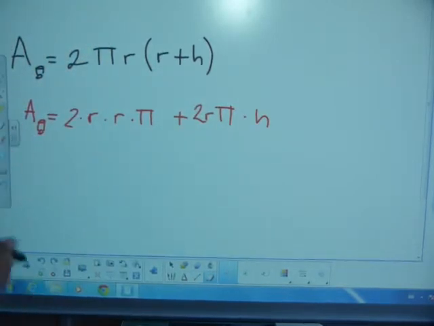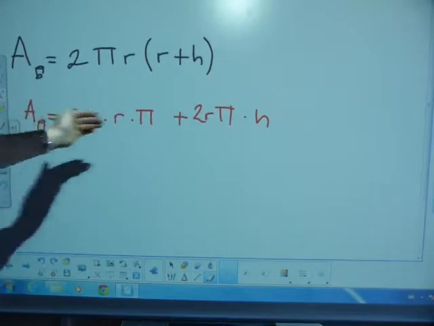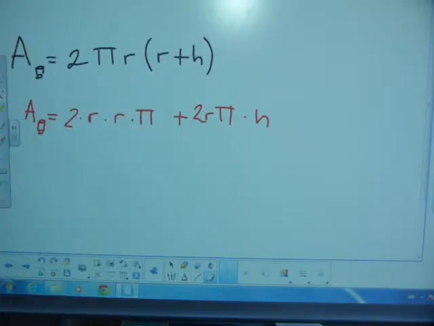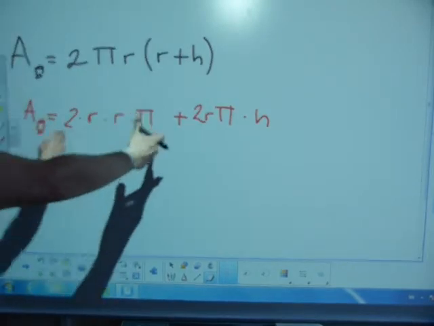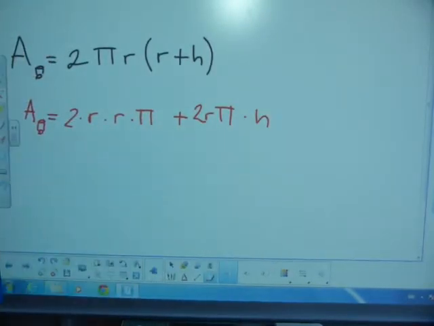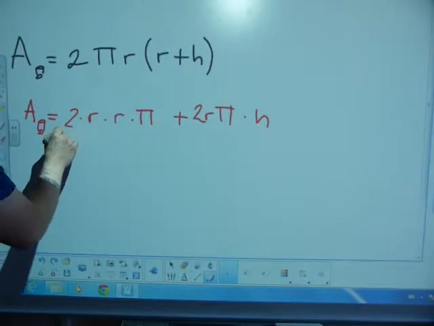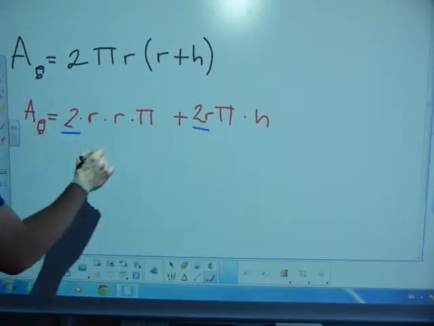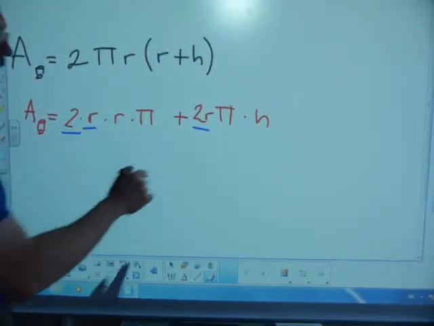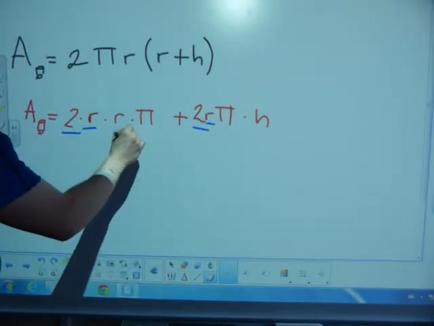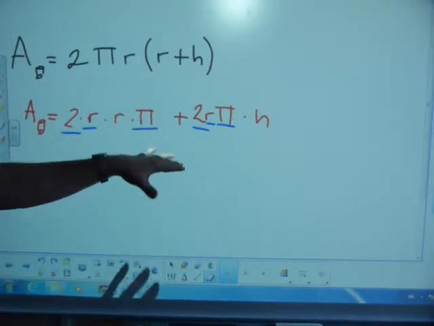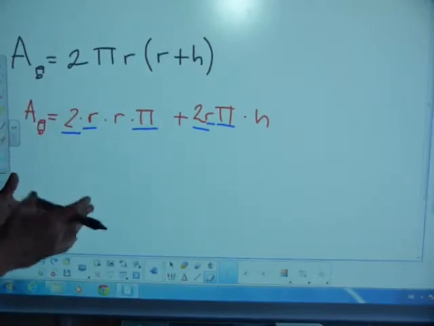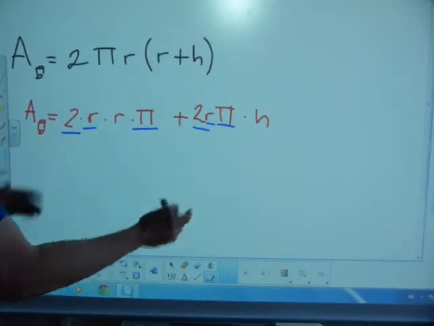There. Okay, can I just factor out at this point, from this line of letters, some of the letters that are common in both terms of the addition. You can see you have a number 2 here and a number 2 there. You have one piece of radius there and another piece of radius there. We have 1 pi there and 1 pi there. So these 3 terms are common and they can be factored out because they repeat in both.